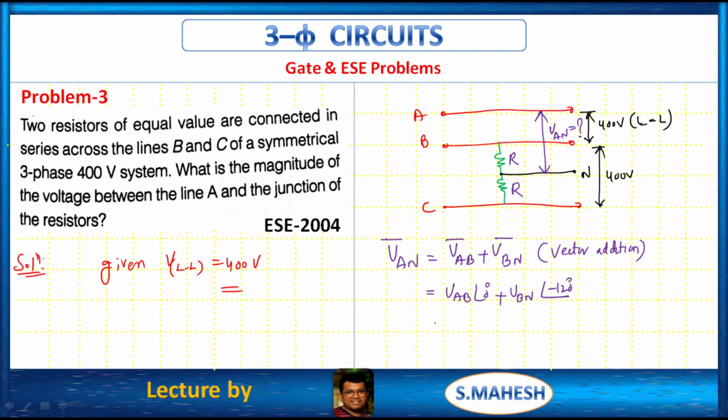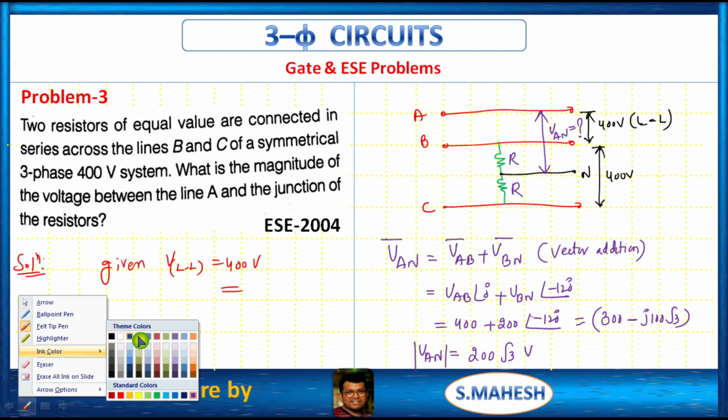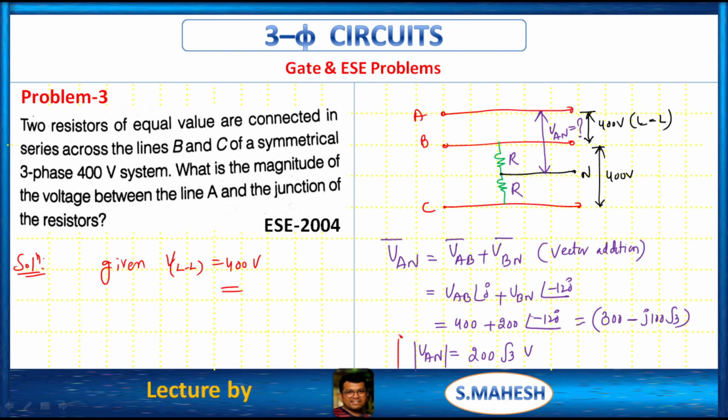So from this it is 400 plus 200 at an angle minus 120. We can say which is equal to 300 minus j 100 root 3. That's it. So from this we have VAN, which is equal to 200 root 3. Forget about the phase angle. He asked for what? Magnitude only. So this is the magnitude of VAN. That's it, right?